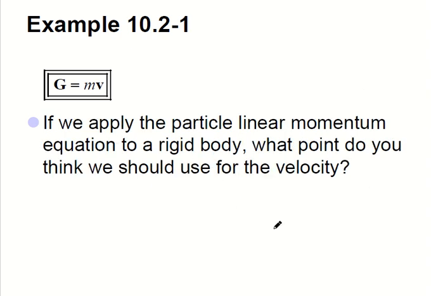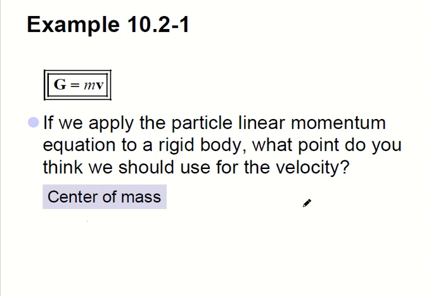So if we apply the particle linear momentum equation to a rigid body, the question asks what point we should use for the velocity. The answer is center of mass.